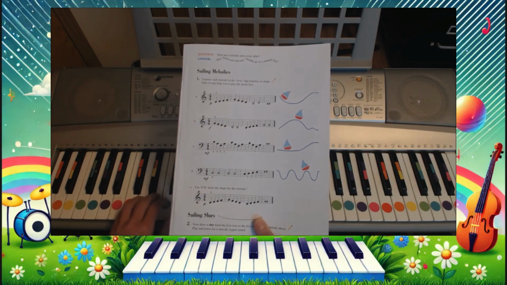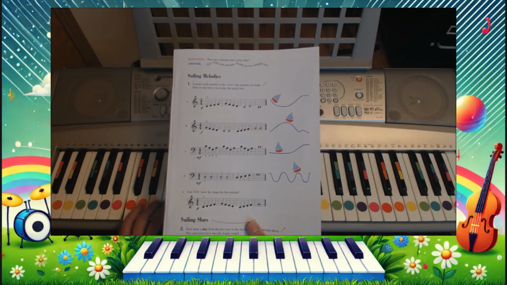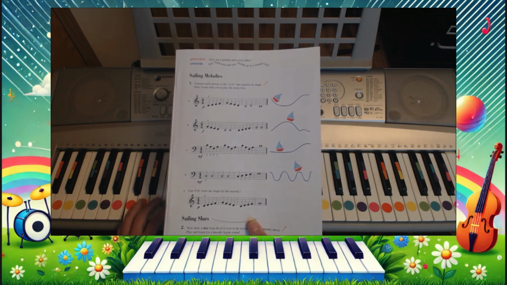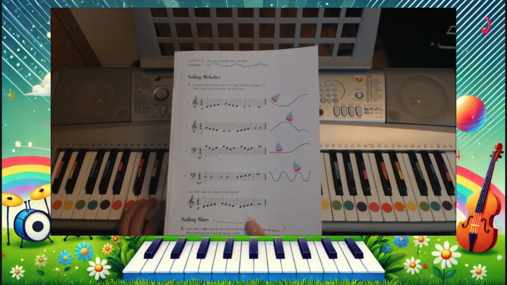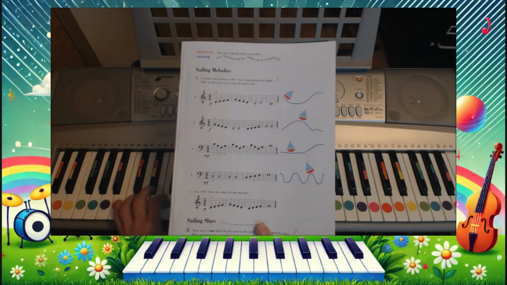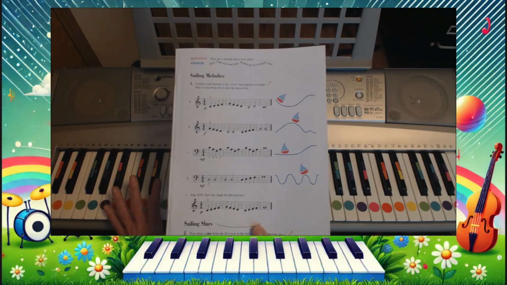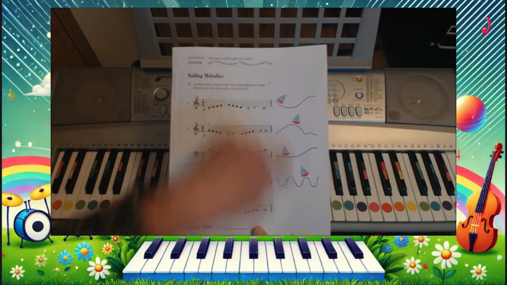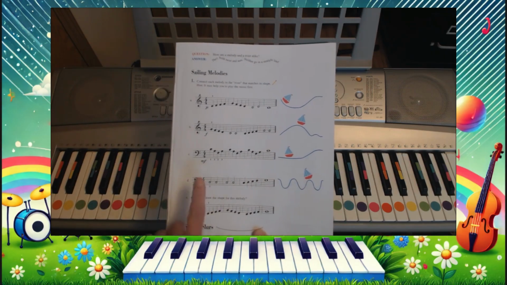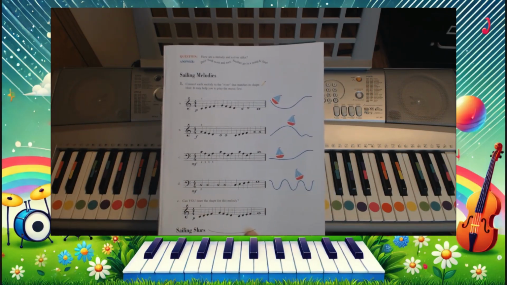Okay, so we're at the bottom of a wave right here. And now we're going to go up, and then we're going to sit up on the top of the wave. So which one of these is a picture of this melody right here?